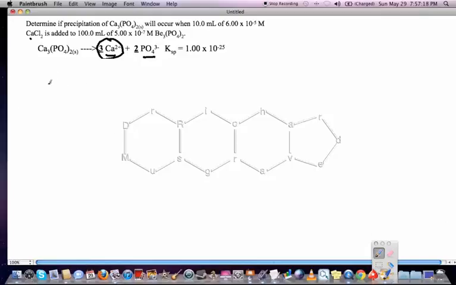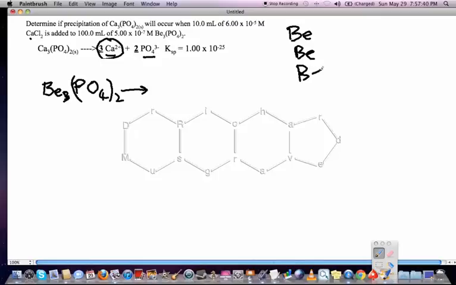Okay, so here's what we know about the beryllium phosphate. Be3(PO4)2. And when it breaks apart, let's have a look. We've got Be, Be, and Be, and we've got two PO4s.